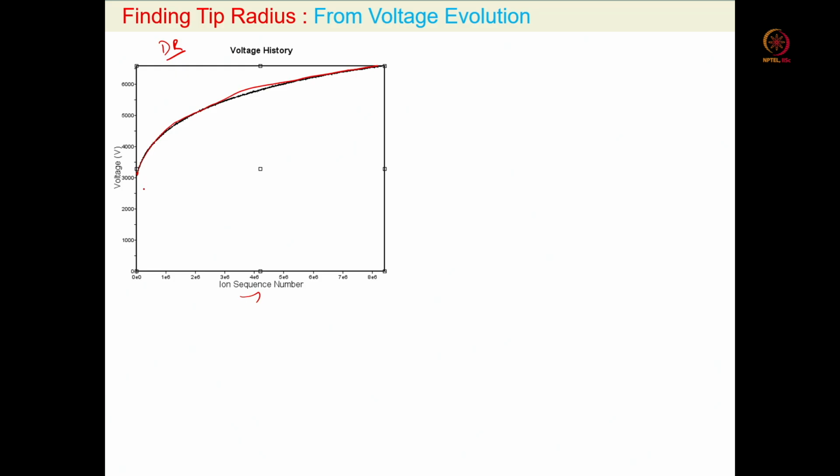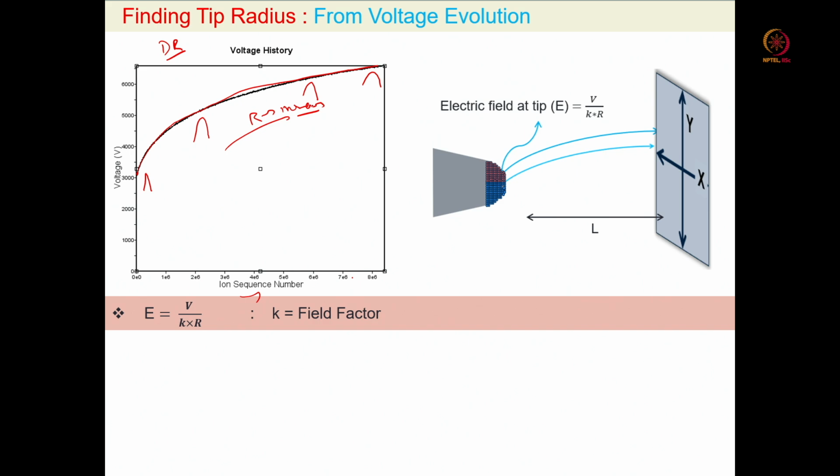So your tip will be very sharp here, a little bit blunted, then blunt. The bluntness will increase as your radius increases. If you assume that the electric field at the tip surface is equivalent to the evaporation field of that particular atomic species, we can find the radius at that moment by taking the voltage divided by kf, the field factor.